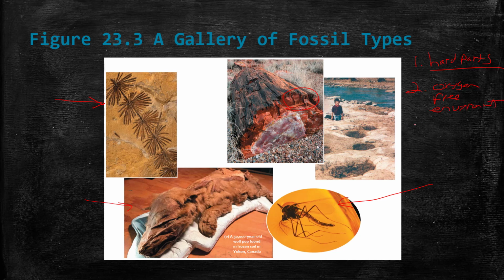And usually this involves being buried in some kind of water. Okay, so water and sediment. In fact, the kind of rocks we find fossils in are called sedimentary rocks. Sedimentary rocks are rocks formed by sediments from the bottoms of lakes or the deposits of rivers and things like that. And that's where we find most of the fossils that we find.